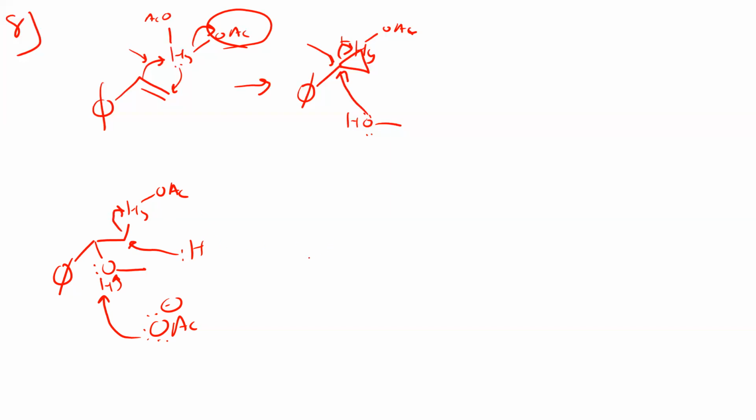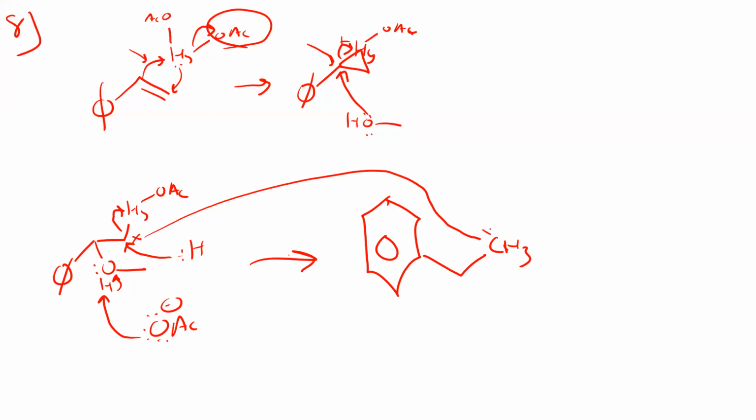So then we're going to get our final product. I'll draw the benzene ring for the final product because they're going to need it. Here's that methyl group right here. I'll call it X. And you can see that this will be X. And then you'll have this group right here.